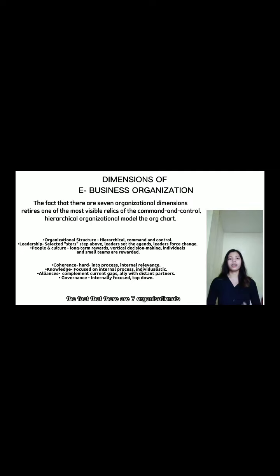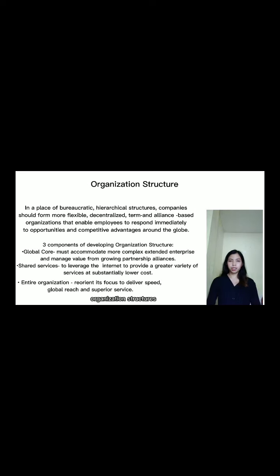The fact that there are seven organizational dimensions retires one of the most visible relics of the command and control hierarchical organizations model, the organizational chart. In place of bureaucratic hierarchical structures, companies should form more flexible, decentralized teams and alliance-based organizations that enable employees to respond immediately to opportunities and competitive advantages around the globe.